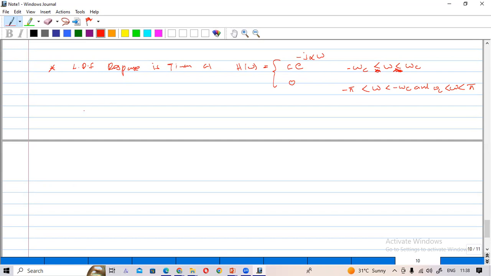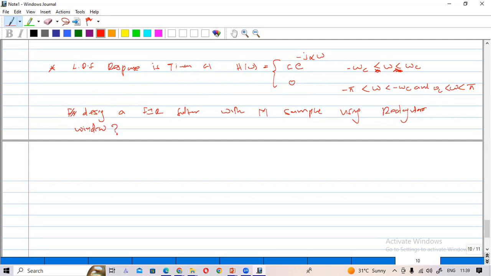Now I ask you to find or design a FIR filter, finite impulse response filter, with M samples, using a rectangular window.